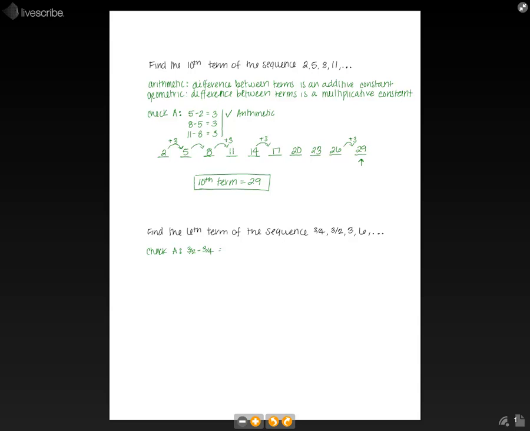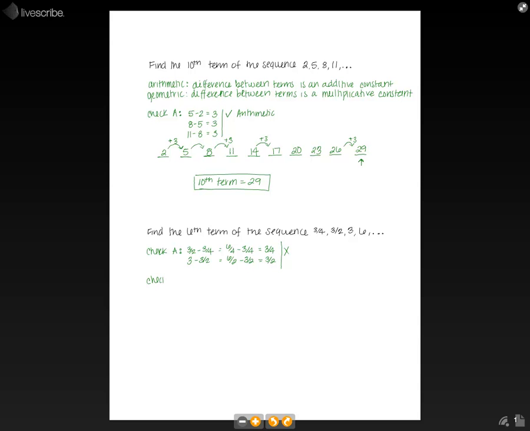So that gives us 6/4 minus 3/4, since we need a common denominator, which is equal to 3/4. Now we're going to check the next one. 3 minus 3/2. That's equal to 6/2 minus 3/2, which is equal to 3/2. So 3/4 is obviously not equal to 3/2, so we do not have an arithmetic sequence.